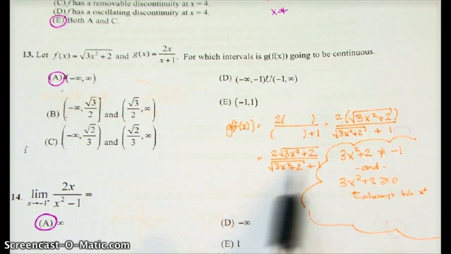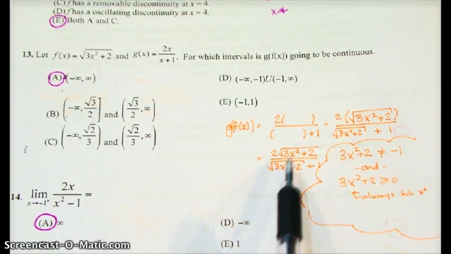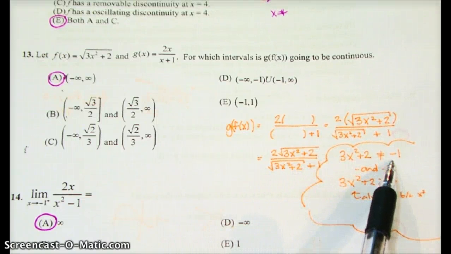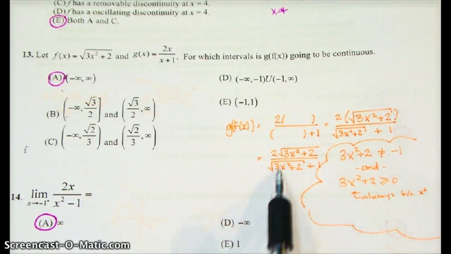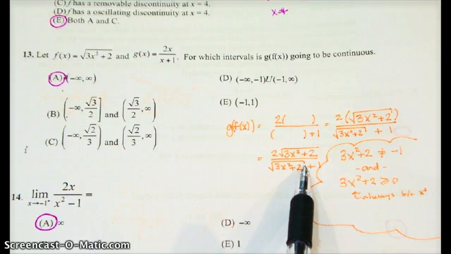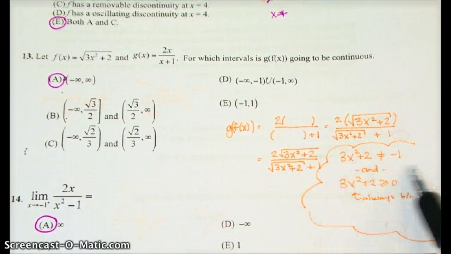The only way that could happen is if the square root value was -1, and then -1 plus 1 would be 0. So I know that the square root of this is not allowed to equal -1. Okay, but guess what? Square roots are always positive. So I don't have to worry. There's no way that this could equal -1, which means that there's no domain restrictions when we consider that rule.